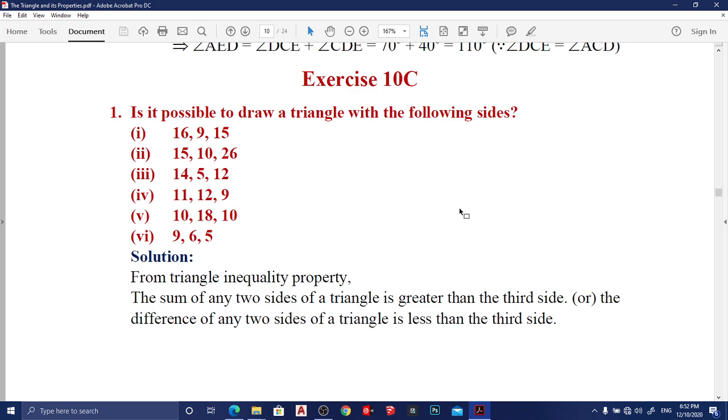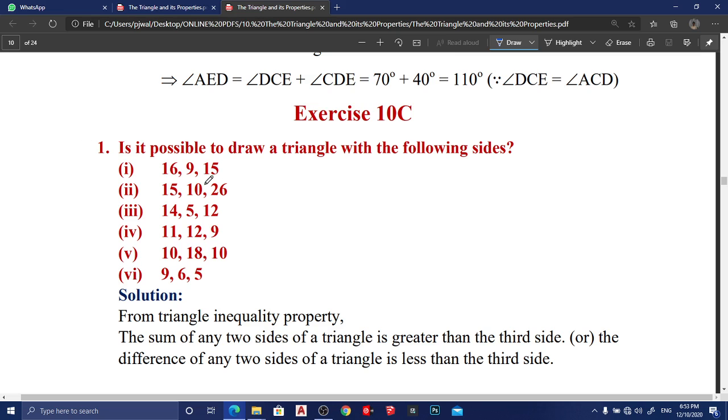The lengths of the three sides of a triangle are given in this problem. Now we have to find out whether it is possible to draw a triangle using these three sides. Take the first problem, which is 16, 9, 15.